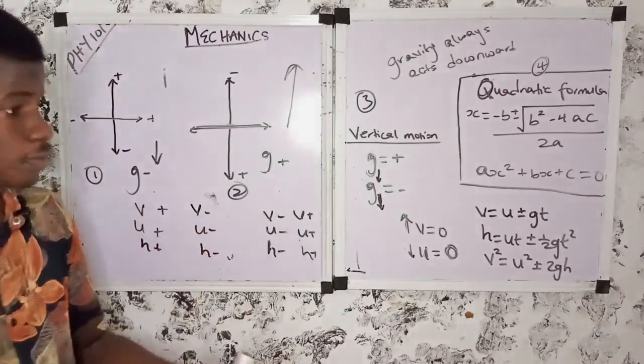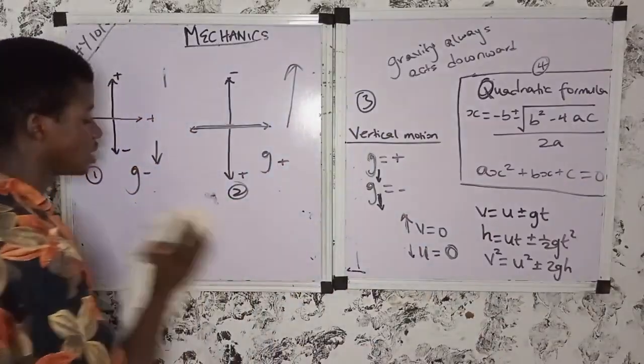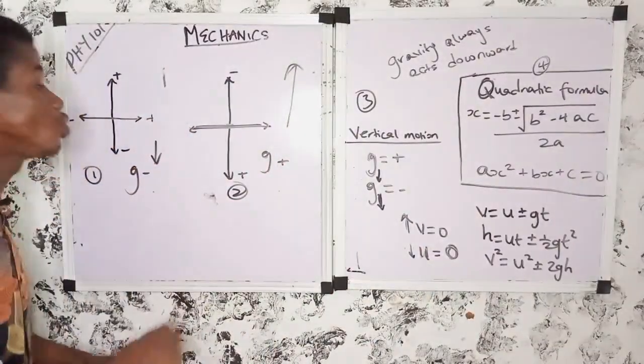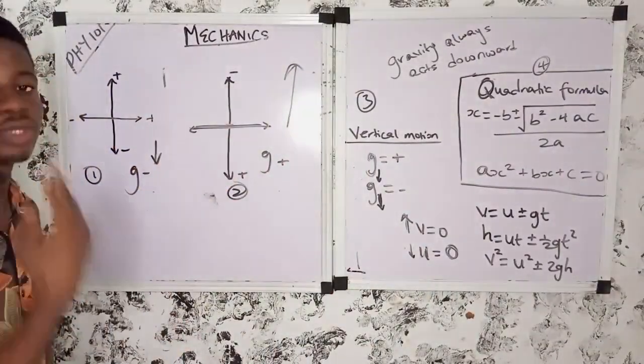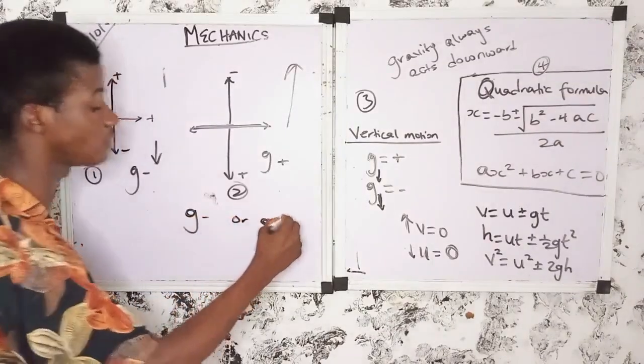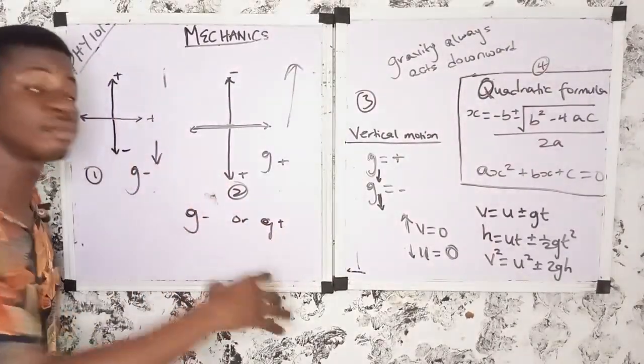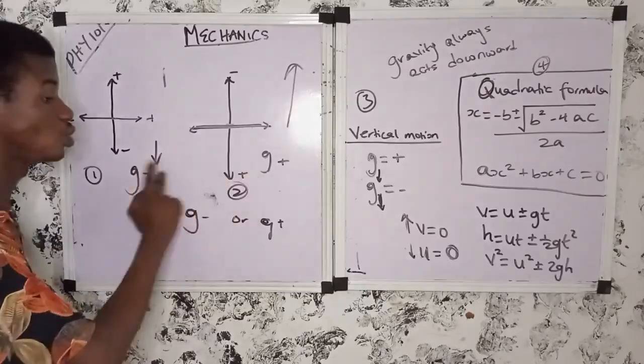For example, let's say a ball is thrown upward. Is the G acting on the body usually negative or usually positive? It depends on the coordinate you are using.